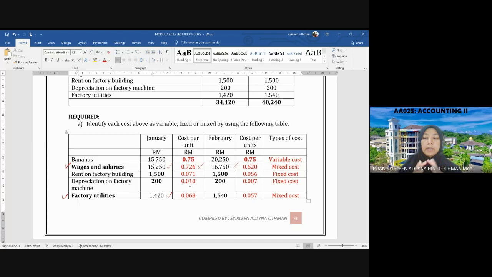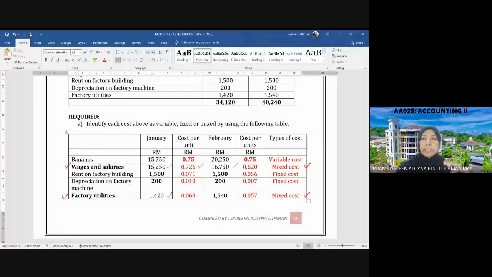So bila you nak form equation, you kena cari nilai untuk A dan kena cari nilai untuk B. Masalah sekarang ni kita tak boleh lagi cari A dengan B sebab kita ada mixed cost dekat sini. So bila ada mixed cost, you kena tahu daripada jumlah tu berapa ialah fixed cost, berapa ialah variable cost.